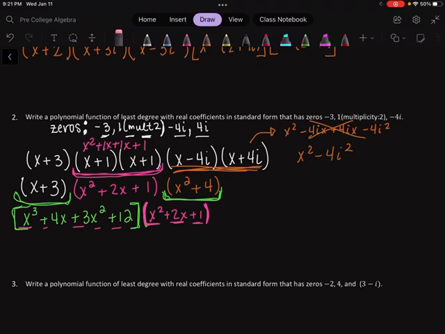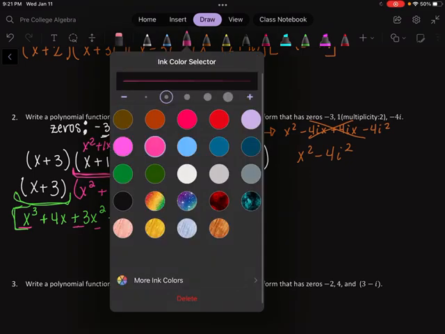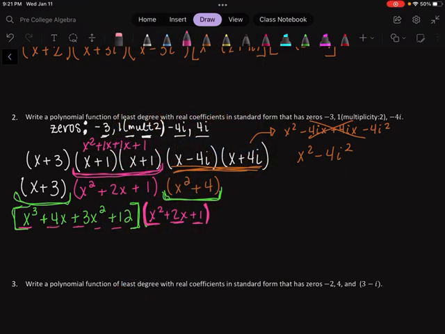We can do it one or two ways. I'm just going to keep those lines under there. It doesn't really matter which way, but I'm going to do x squared times everything on the inside of that.